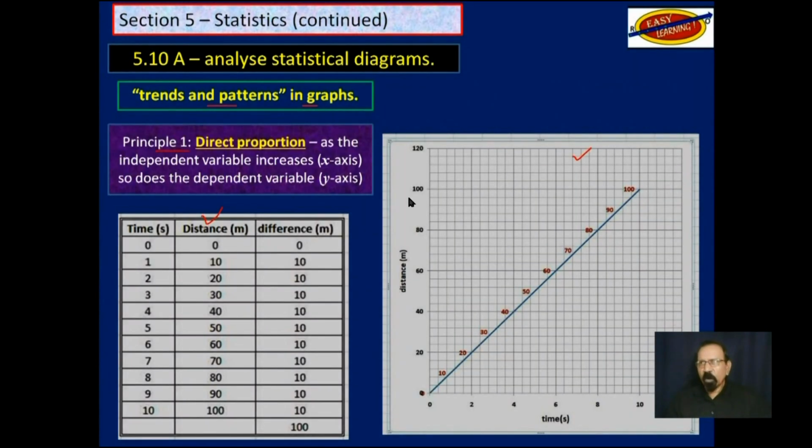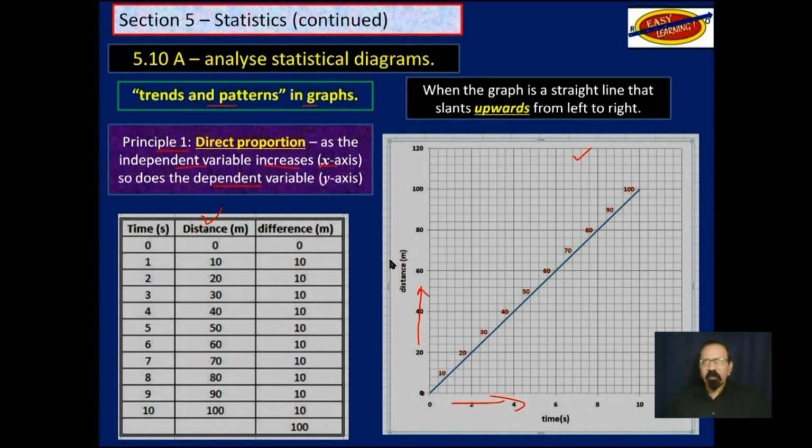So principle 1, direct proportion. As the independent variable increases, that is the x-axis, so does the dependent variable, the y-axis. When the graph is a straight line that slants upwards from left to right, you have direct proportion.